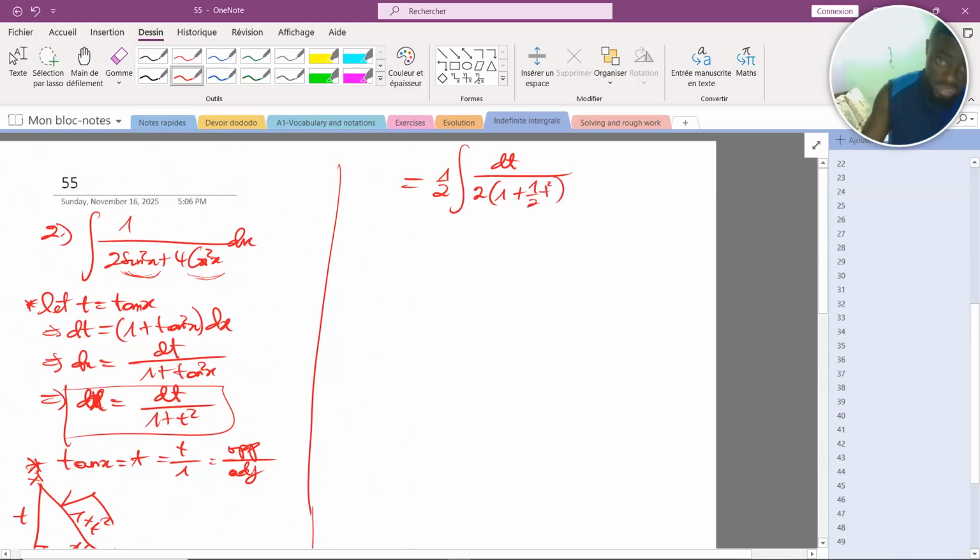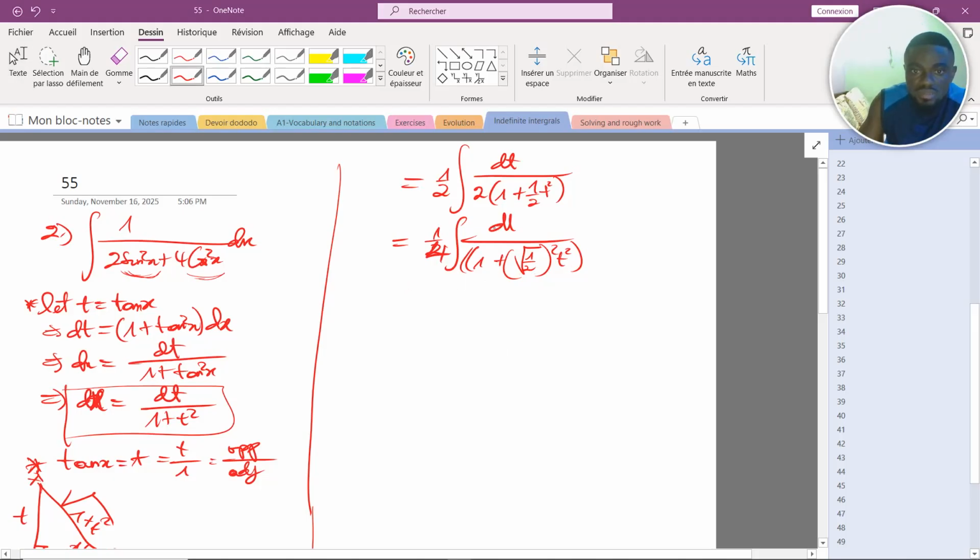Is that okay? Now we are supposed to bring all that is here inside what will be squared. So this will be equal to a half, this half will come, this is 1 on 2. So this will become 1/4 integral of dt on 1 plus the square root of 1 on 2, all that squared, times t squared. We use our technique that we commonly use. Now I'll bring this root 1 on 2 inside, since they're already having the same power.